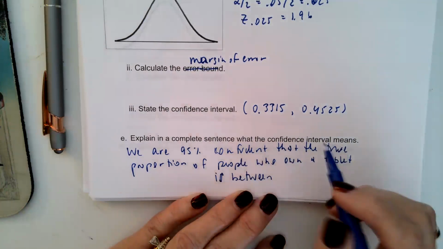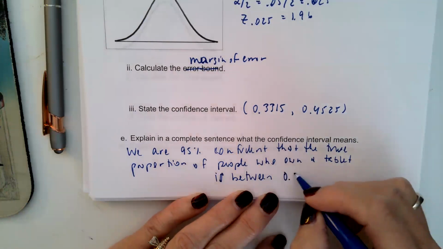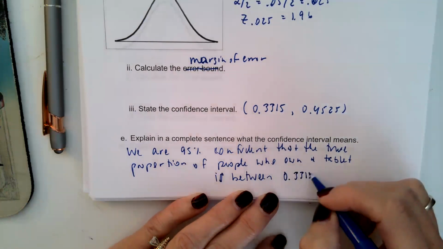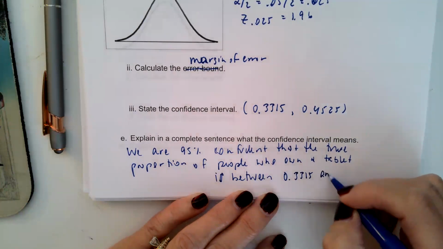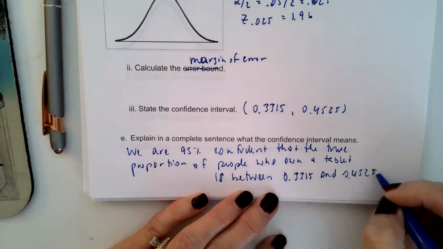If I said the true percentage, I would turn it to percents. I said true proportion, so we can leave it as decimals. 0.3315 and 0.4525.